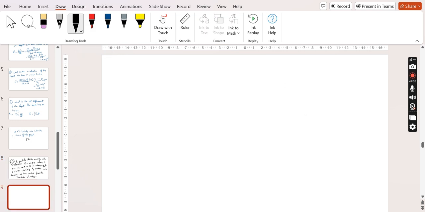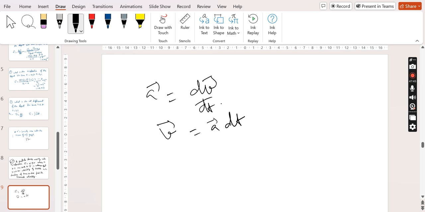So where acceleration is given, you need to find the velocity. Basically it's a mathematics problem. We know a is dv by dt, so v is equal to the integral of a dt.